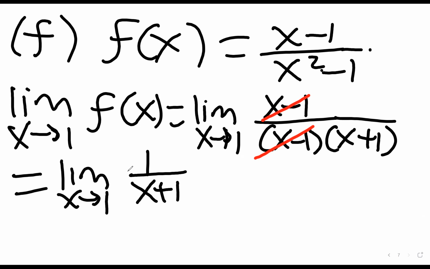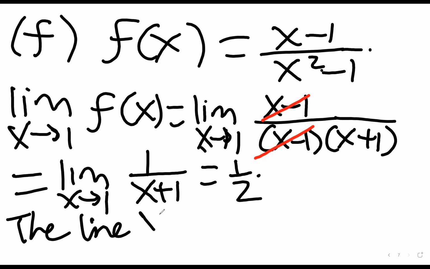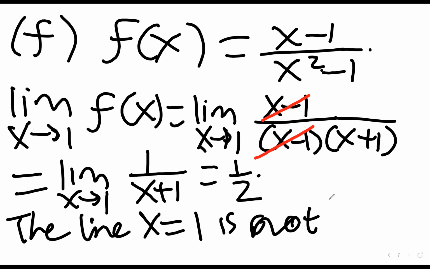This becomes 1 over 1 plus 1, which is one half. So the limit is one half, and the conclusion is that the line x equals 1 is not a vertical asymptote.